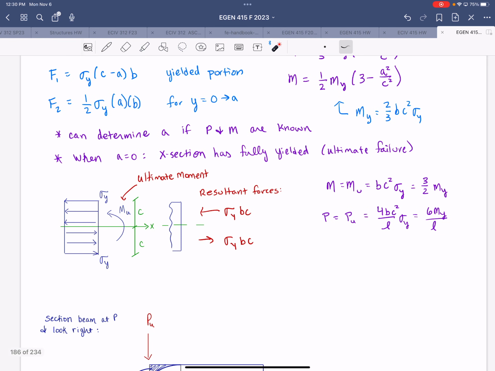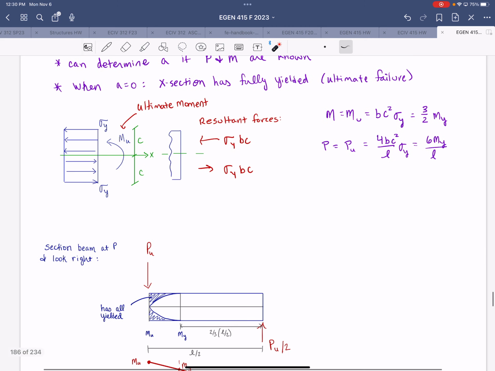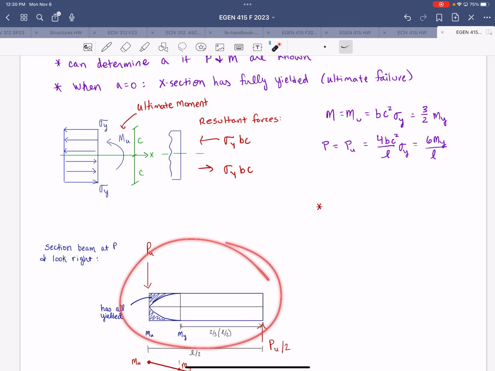So when this state has been reached, this represents a plastic hinge. So the beam has formed a plastic hinge at the location of the maximum moment, which in this case corresponds to the location of the applied load P, and the collapse mechanism has begun. So I'll sketch the shape of the whole beam up on the side, and then we'll focus on the right side of the hinge, which is what's already drawn in the notes.